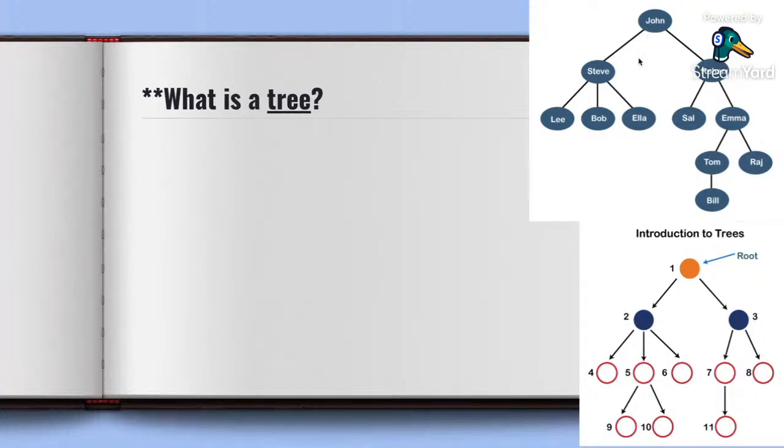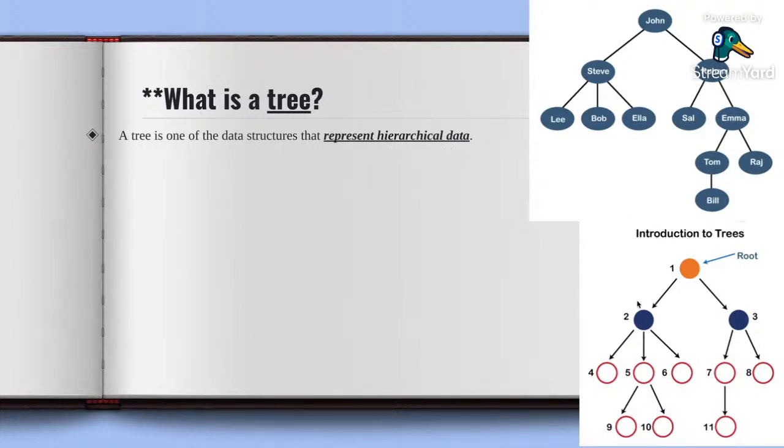Let's say you want to denote the hierarchy of a company's employees. You can do that using a tree data structure. You have a boss, under boss the team leader, under team leader the mentor, under mentor the employee, which is at the base level. So a tree is one of the data structures that represents hierarchical data and is non-linear.